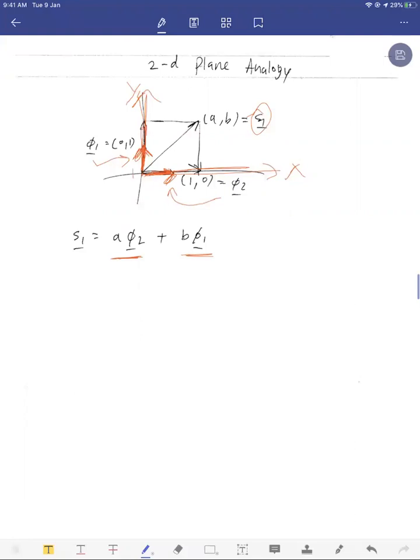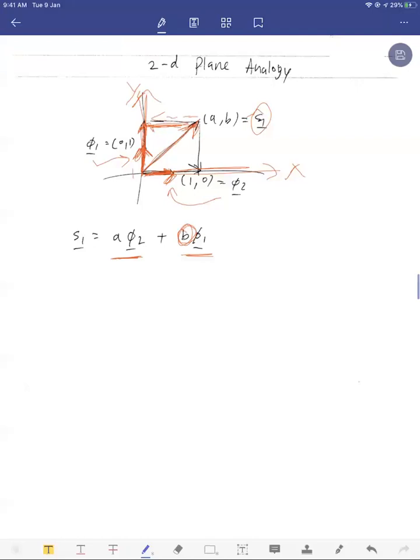Projection is when I take this vector S1 and project it onto the y-axis. This long vector in the y direction, with length B, is the projection of S1 onto phi1. That is the coordinate: the projection of S1 onto phi1 is the multiplying factor in front.